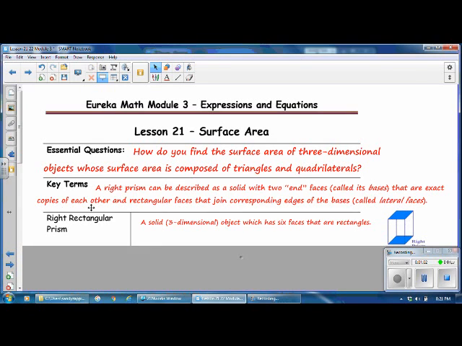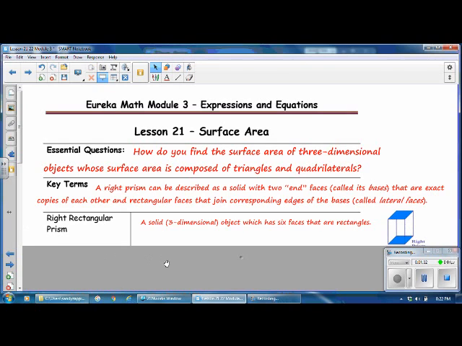They are exact copies of each other, and the rectangular faces that join the corresponding edges of the bases are called the lateral faces. The bases are the opposite sides, the top and the bottom in this case. They are exact copies of each other, parallel and congruent. The rectangular faces connect the bases at the edges.